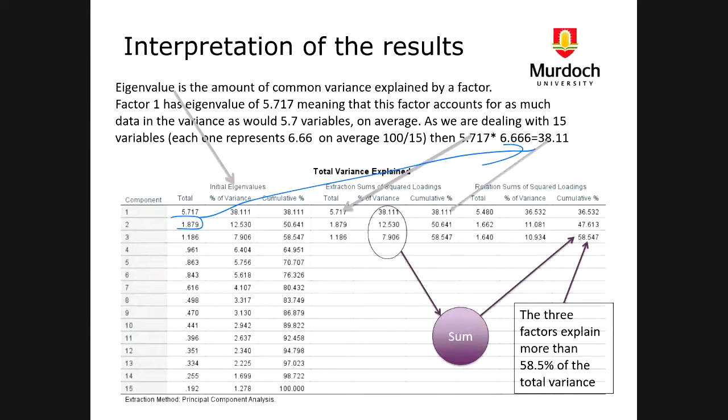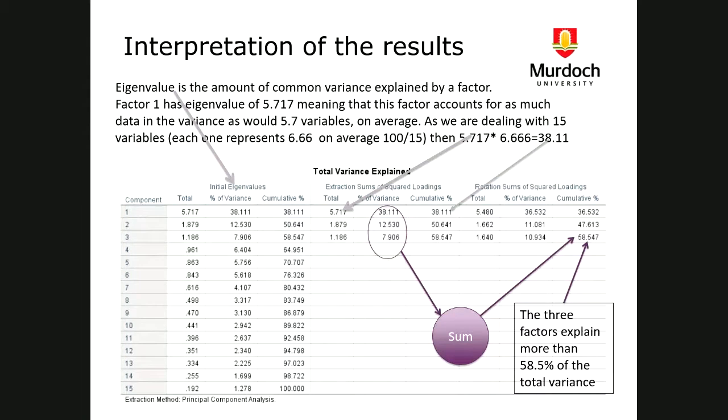Now, if we go for the last factor, the eigenvalue is 1.186, and if we multiply it by 6.666, it's going to be 7.906. Now, let's have a look here.